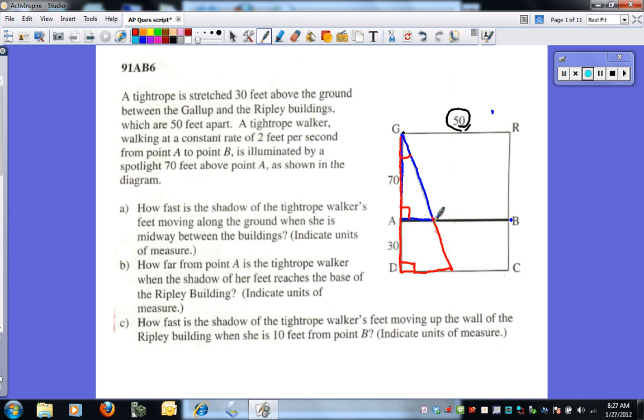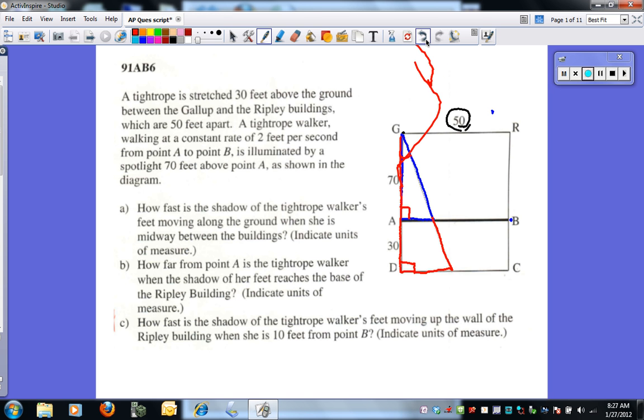So they're similar. You should remember something, or if you don't, we'll talk about it. The sides of similar triangles have a specific special relationship. Do you remember what that relationship is? They're proportional to one another. So you'll see us set up some ratios later on. I'm going to erase all that.